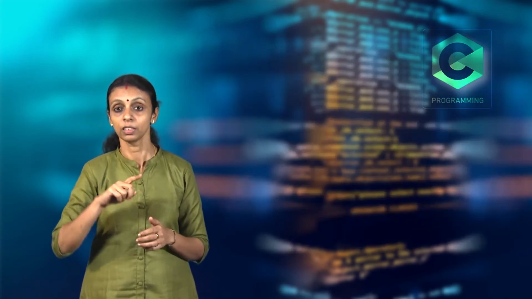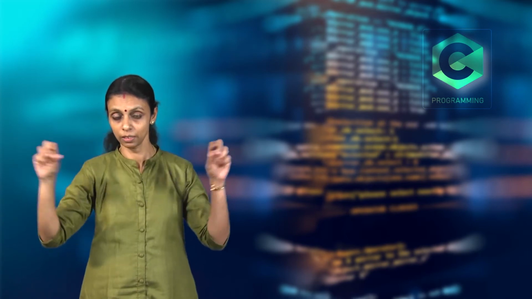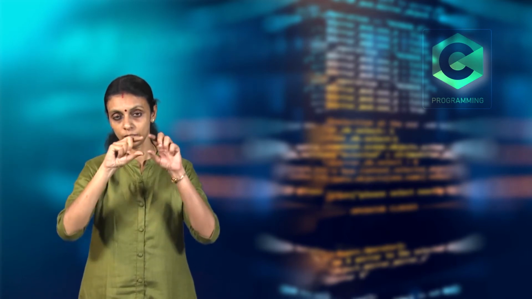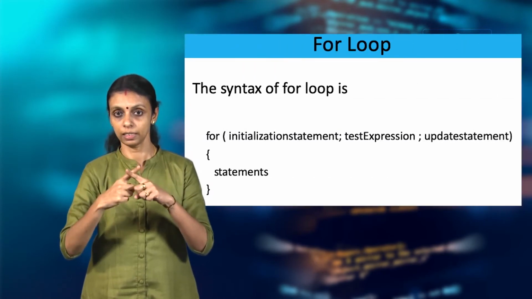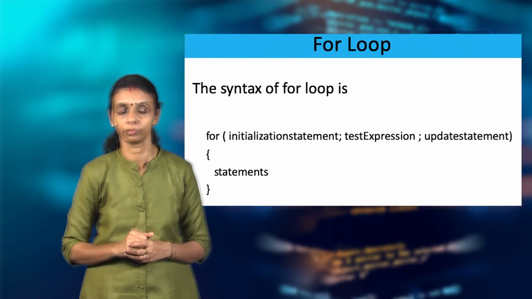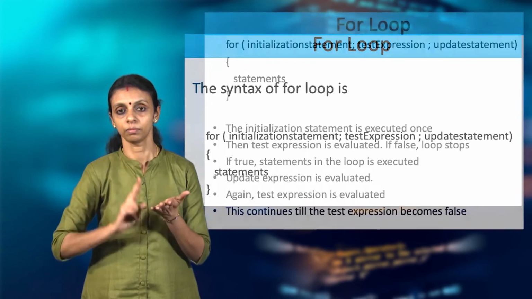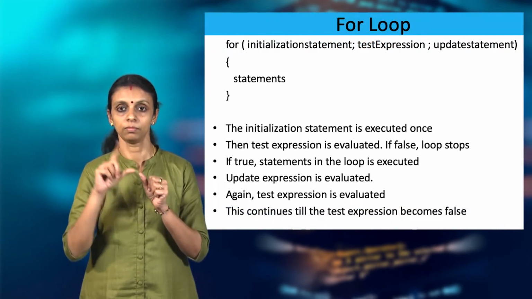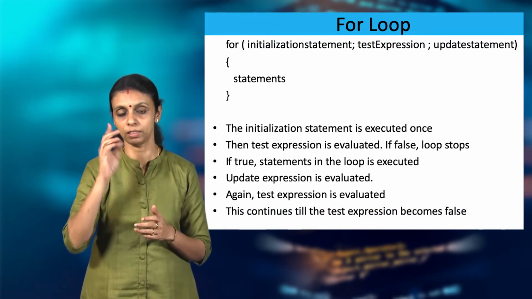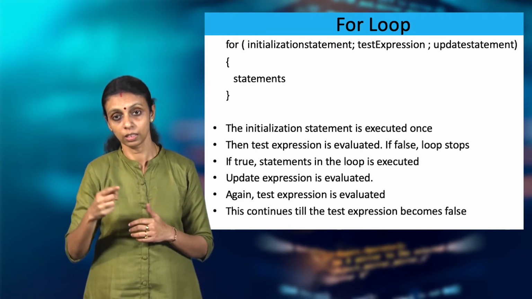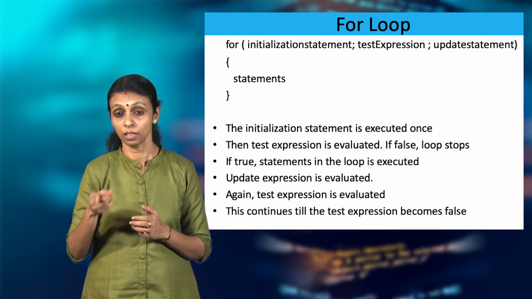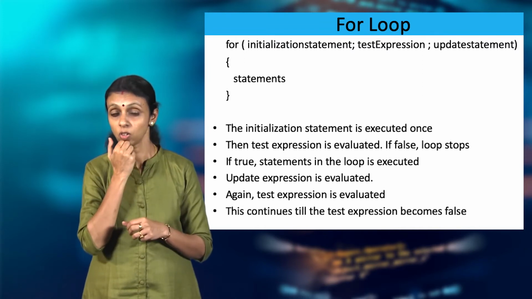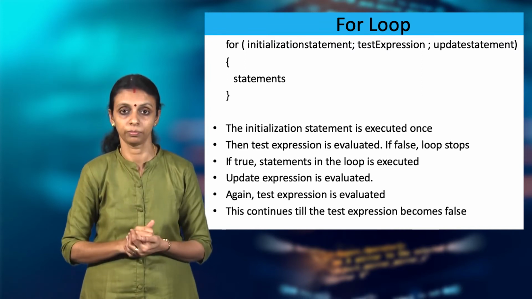The next loop statement is for statement. The syntax of for loop is this. The initialization statement is executed once. Then test expression is evaluated. If false, loop stops.